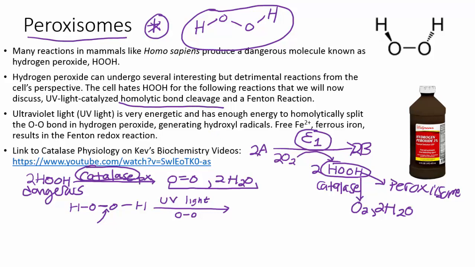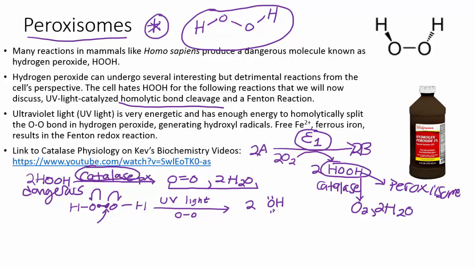Recall that these single bonds are just two electrons. There's essentially one electron right there and another electron right here, and so the bond can split, and one of the electrons can end up on this oxygen and the other electron can end up on the other oxygen, and so what you end up generating is two hydroxyl radicals.